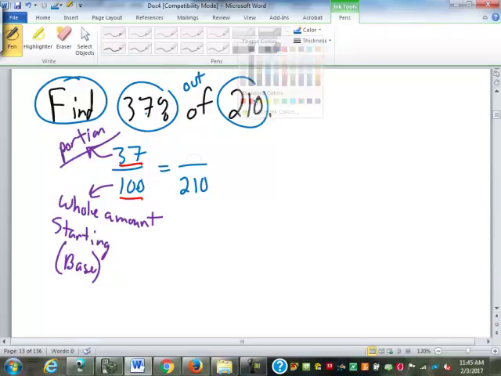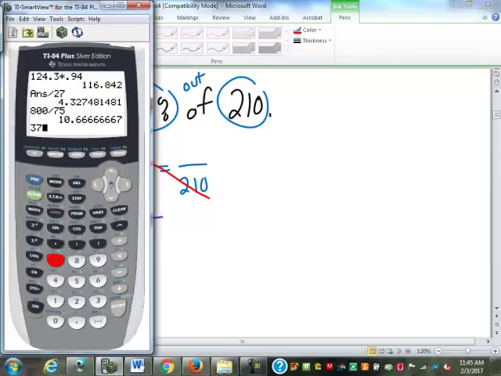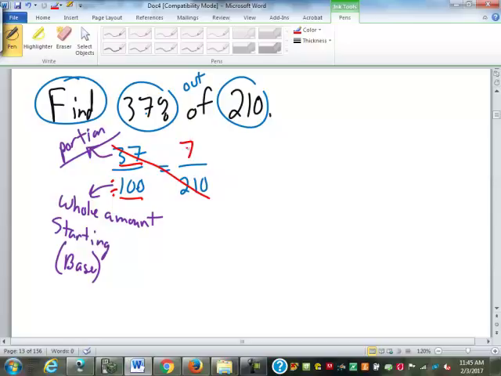And to find that missing number, we're just going to cross multiply and divide. 37 times 210 divided by 100 is 77.7. So 37% of 210 is 77.7.